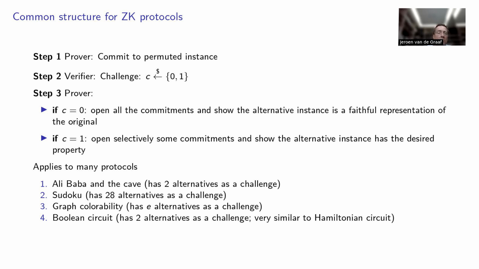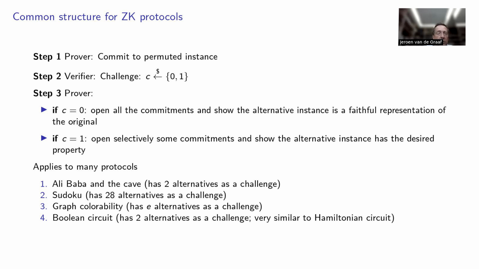I want to mention that this is sort of a famous story to explain zero knowledge, Alibaba and the cave. There is a secret door, and the prover must show that it knows the key, and the verifier is going to tell the prover, oh, come by this way, oh, come by the other way. So there are two alternatives as a challenge.